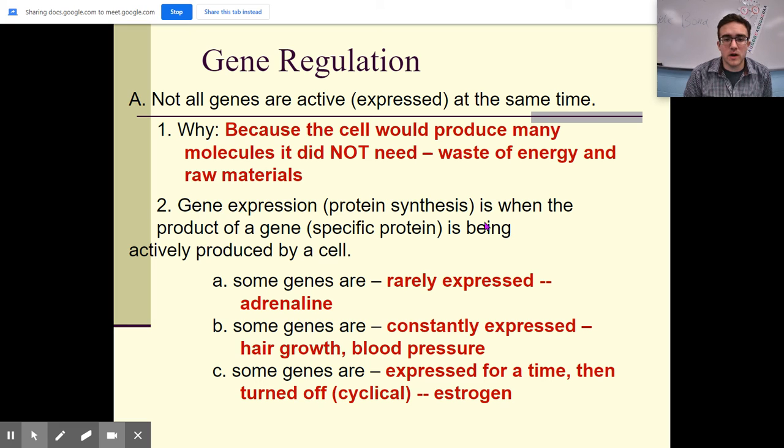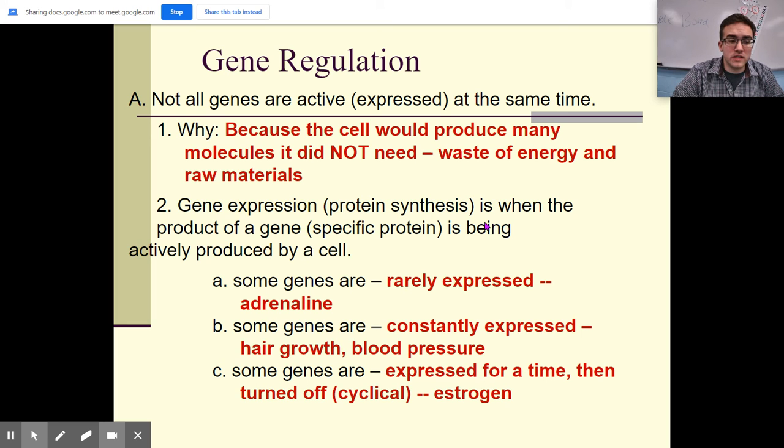And also, it's really bad for your body if certain proteins get made when they're not supposed to be made. That's what Huntington's and cystic fibrosis is: these proteins get made constantly that don't need to get made. And then we can have some really bad consequences from that.